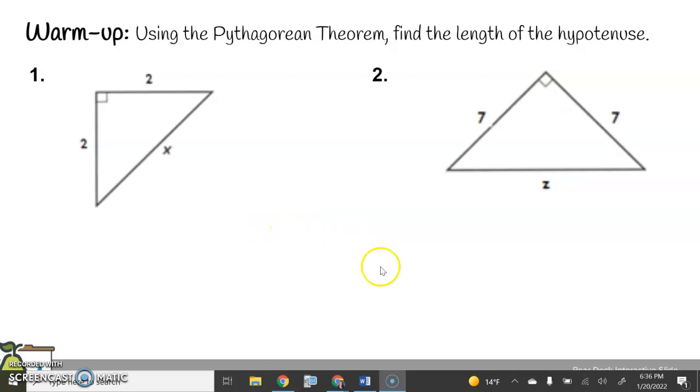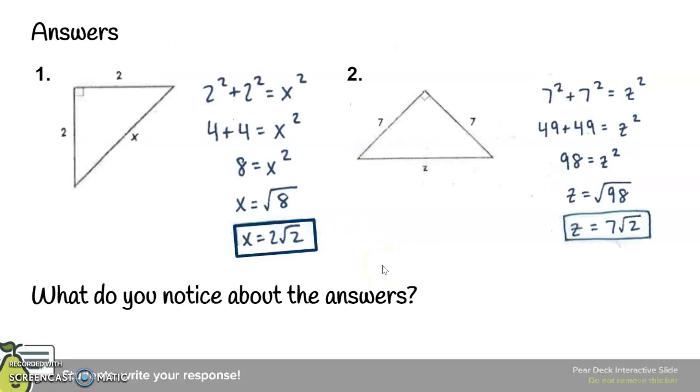All right, hopefully you remember to go ahead and reduce your radicals. So that square root of 8 would be 4 times 2, or 2 root 2. The square root of 98, the largest perfect square that went into that, was 49. Now, we're going to explore these very special types of triangles today, but I'm hoping that you notice a pattern between the initial legs that were given to you.